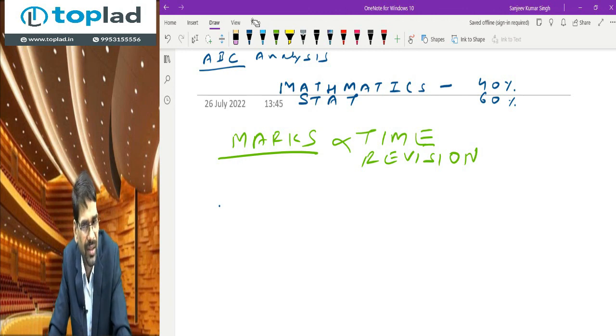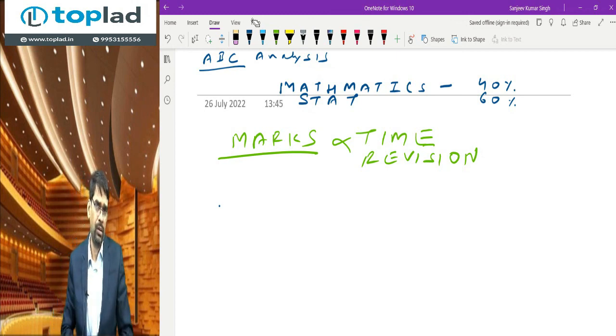So friends, I hope all the students understand the subject, understand the chapters, and don't take stress. Don't think maths is a very tough subject, and don't have exam phobia of the mathematics subject.